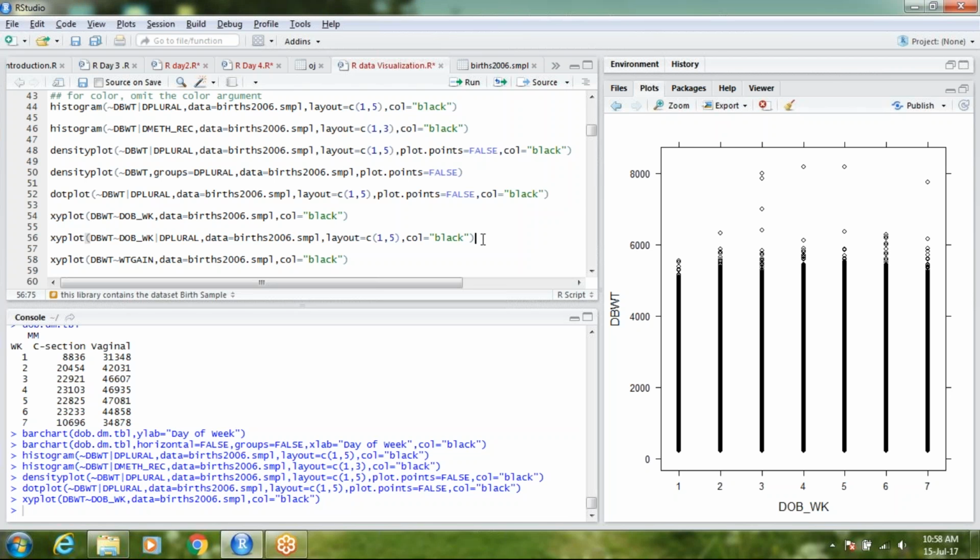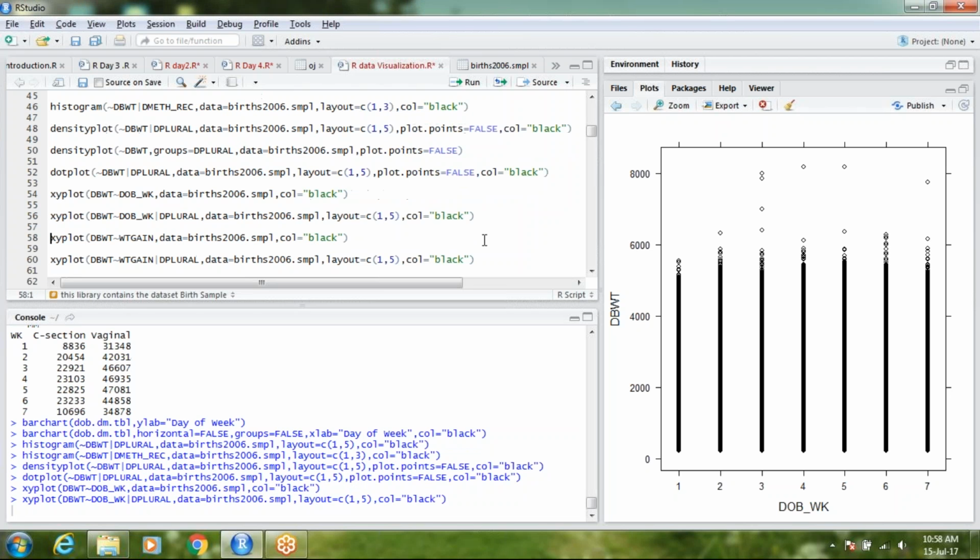Now I'm adding one more level to it. I'm adding how many were born together, so let's add the plural factor and analyze what it shows.